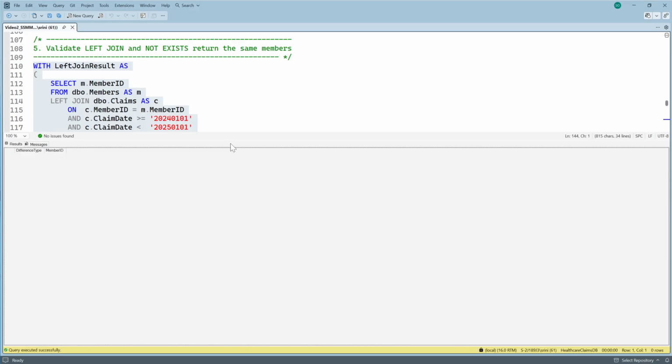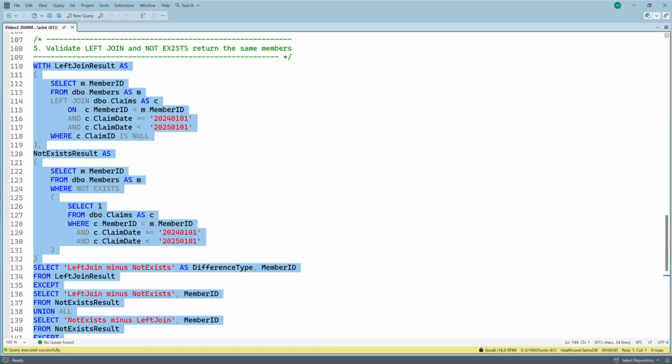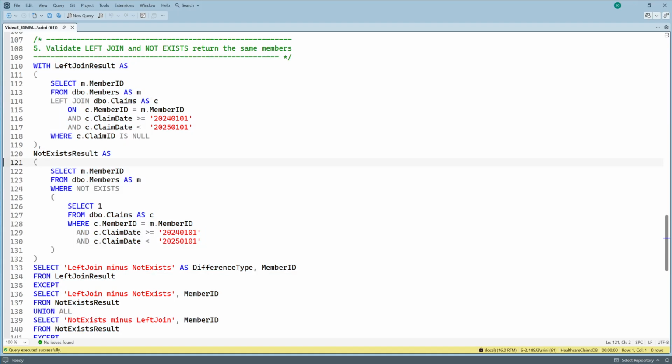So from this demo, we have proven five things. First, define the population and the grain before writing the anti-join. Second, left join plus IS NULL works when we preserve the population correctly. Third, NOT EXISTS expresses the missing match position very directly.